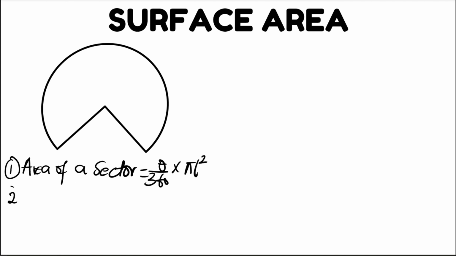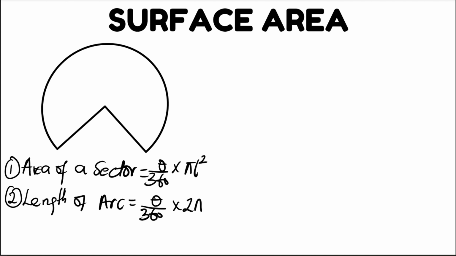The second we'll be needing is the length of arc, and this will be theta over 360 times 2 pi L. And the last one we'll be needing is the circumference of the circle.